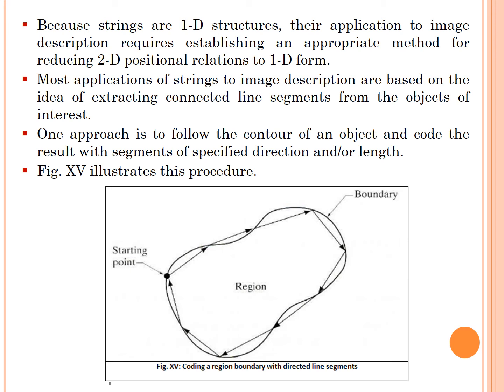One approach is to follow the contour of an object and code the result with segments of specified direction and/or length. Figure 15 illustrates this procedure. Here, figure 15 shows the coding of a region boundary with directed line segments.